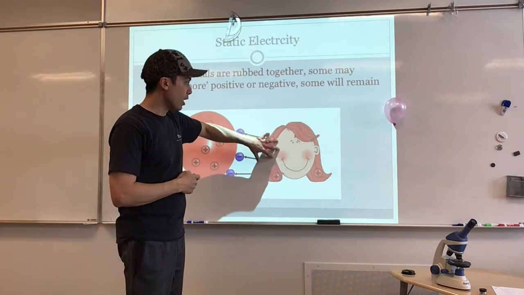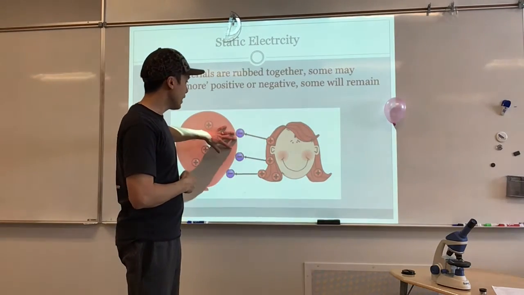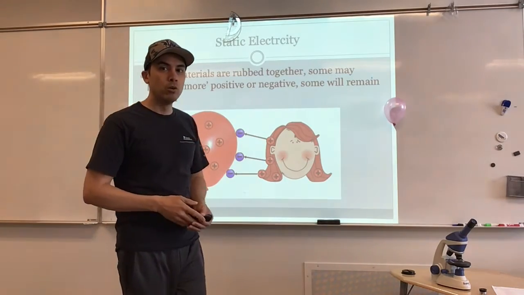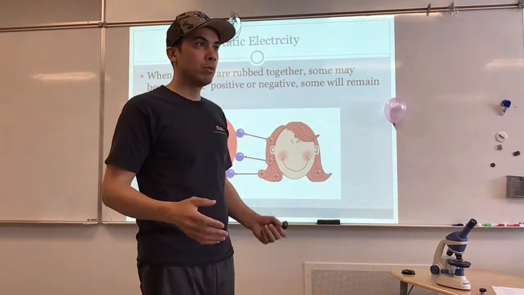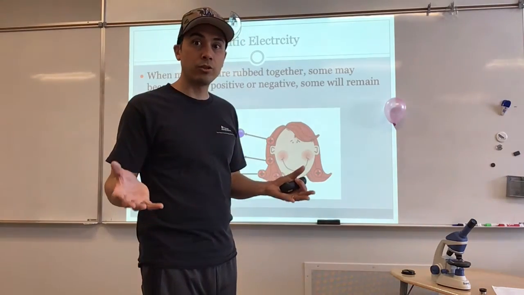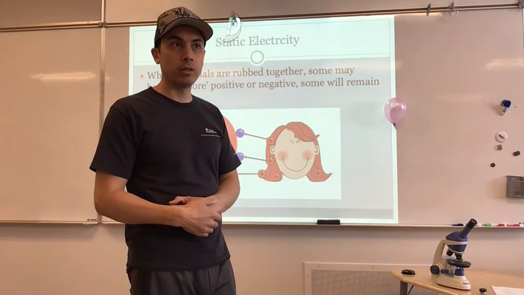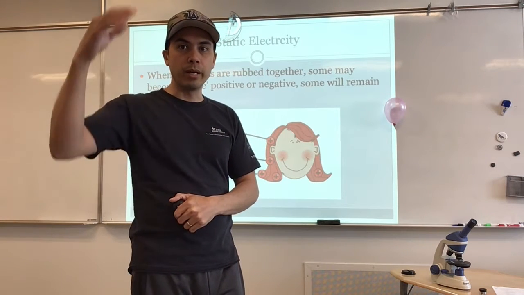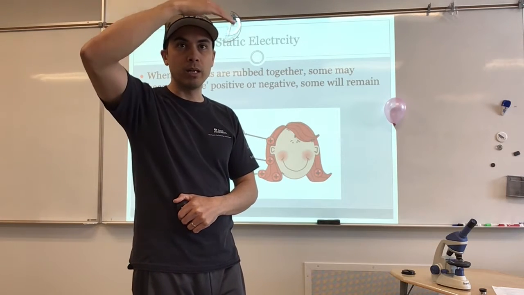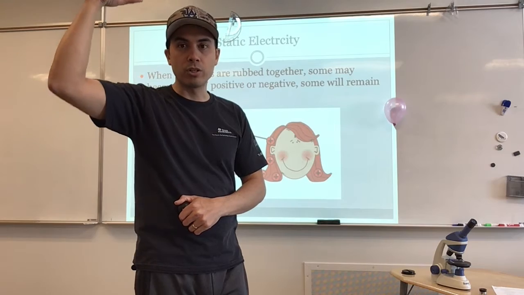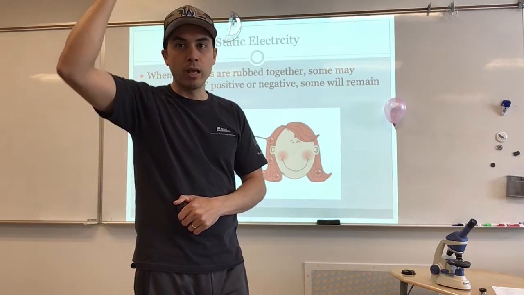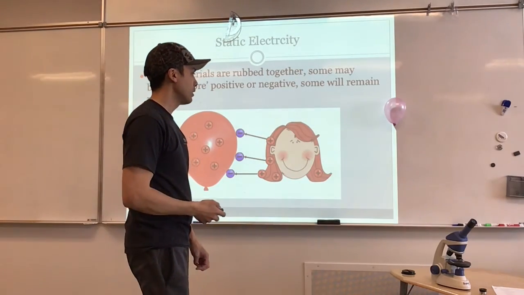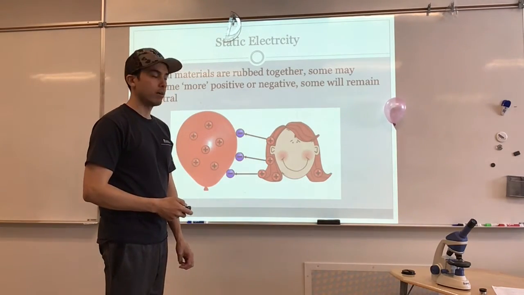There was a loss of electrons here and a gain of electrons here, and so we notice that electricity and magnetism are related. Earlier in the video you might have seen my hair move back and forth because the balloon was negatively charged and my hair was positively charged, so the balloon was able to attract my hair, even defying gravity.